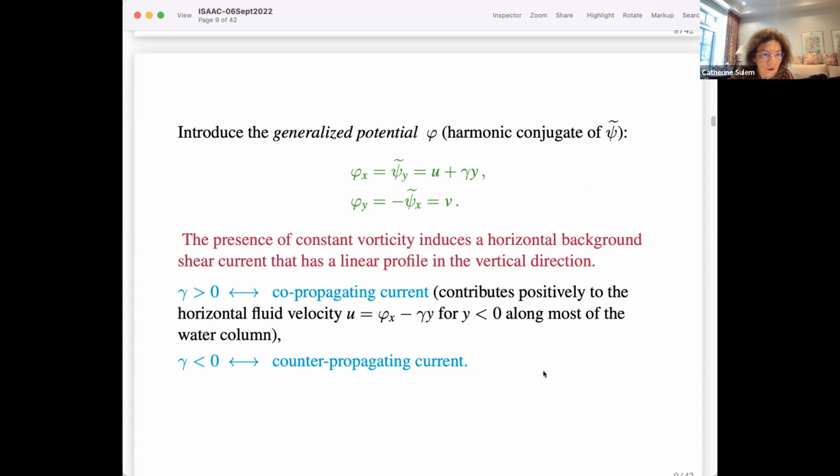The terminology co-propagating current, counter-propagating current depends a little bit on the paper. They're not all consistent, but in our setting, gamma strictly positive will correspond to a co-propagating current. It contributes positively to the velocity, and gamma negative will correspond to a counter-propagating current.